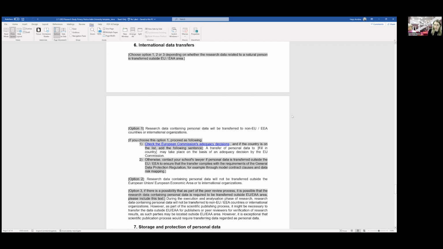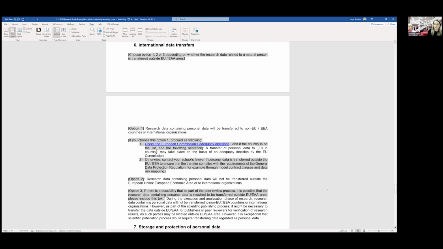So for example, if your funder is from the United States and they are most definitely requiring you to transfer, for example, the pseudonymized personal data to the US, you will need to know it at this point, because you need to know the exact country, because we have a list of the countries where the European Commission has made these adequacy decisions.